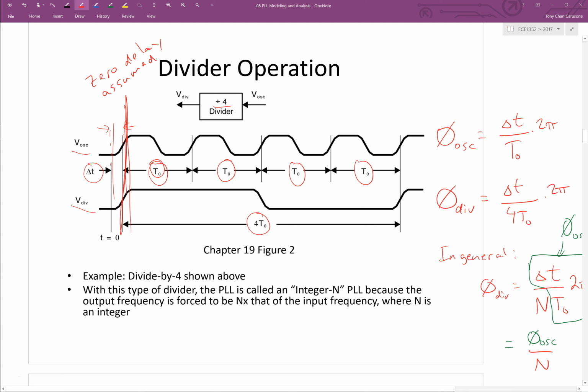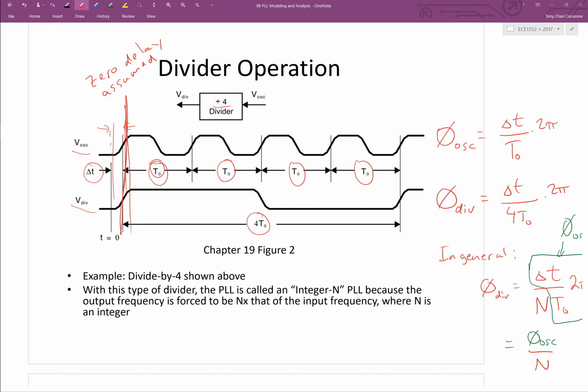In practice, there's going to be some finite delay from the input to the output of the divider. At the very least, you can imagine it's some kind of clock to Q delay of some of the latches that are in there. Depends how you build it. But that delay can become important when we start talking about the bandwidth of the loop and so on. So I just wanted to point that out for now.